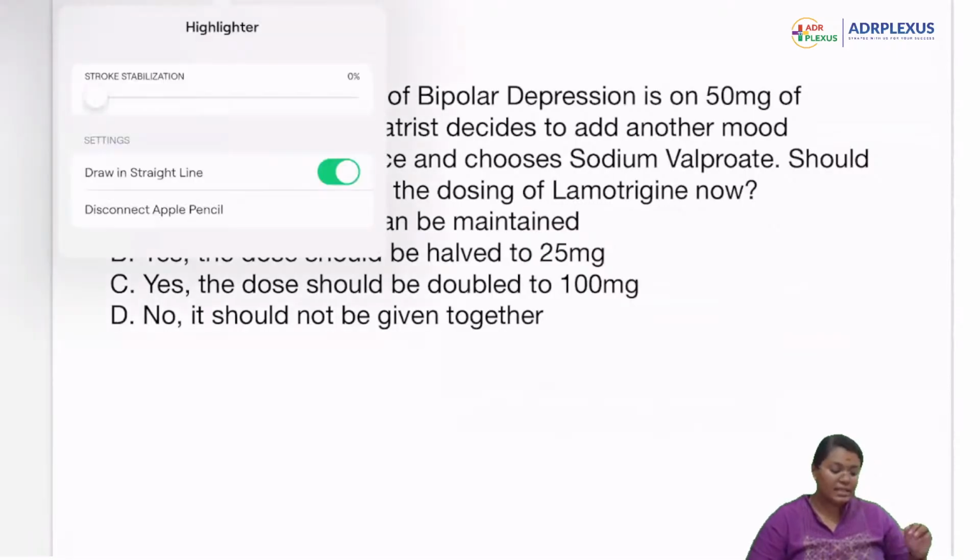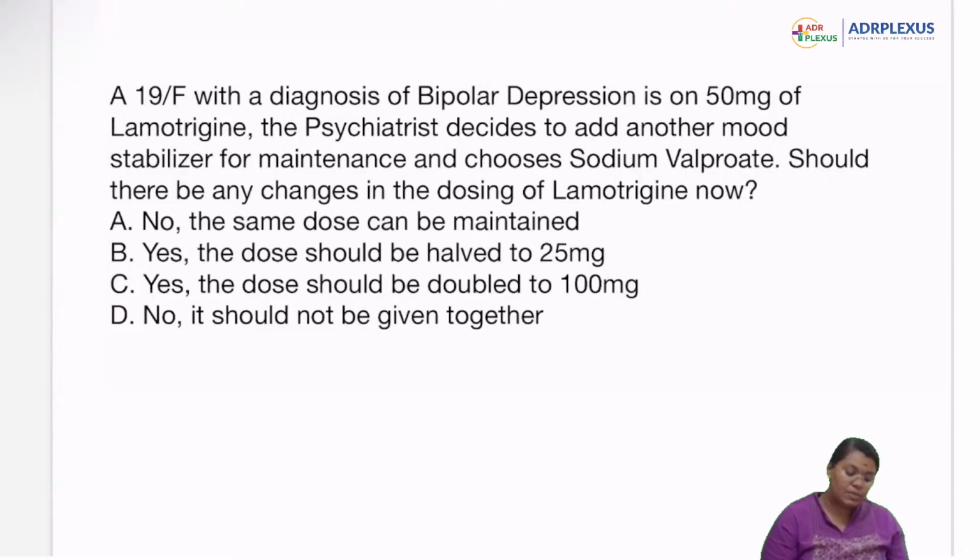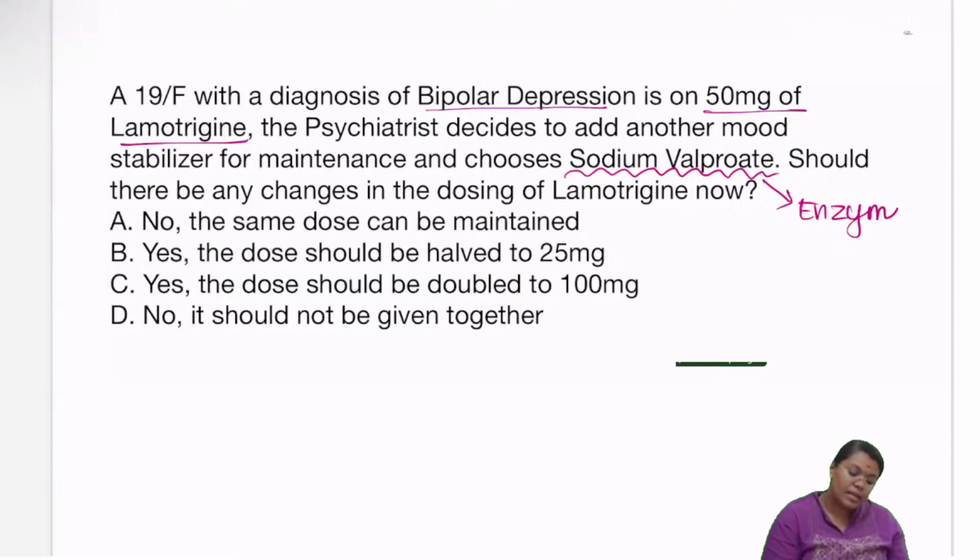Now, this is a question which I am expecting, because in mood stabilizers they have asked lithium, sodium valproate, carbamazepine, and oxcarbazepine. So the one thing left over is lamotrigine, which they have yet to ask. So I am expecting a question on drug interaction with lamotrigine. Diagnosis of bipolar depression, 50 milligrams of lamotrigine is started, but they are now adding sodium valproate. Sodium valproate is an enzyme inhibitor.